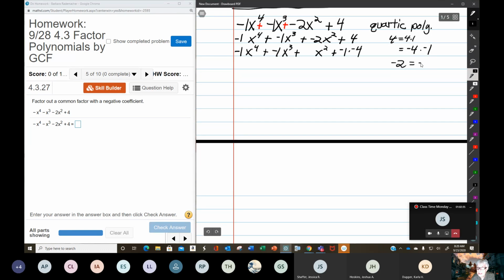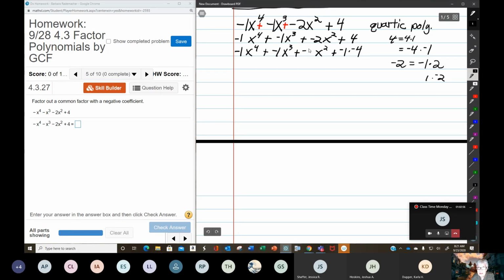So -2 is -1 times 2, because I'm looking for the -1. I could also say 1 times -2, but I want to take a -1 out of every term, so I have to have the -1 there.